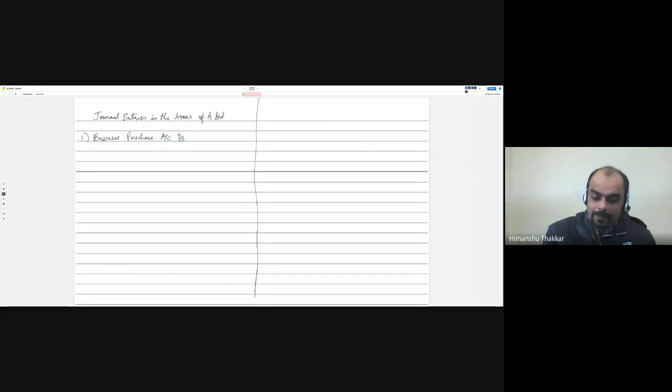So business purchase account 10 lakhs, to liquidators of B Limited. Also ensure you write narrations when you write journal entry. In case you are not doing it just now, that's okay, but make sure you don't forget in exam to write the narration for all the journal entries. Otherwise, you may lose marks here.